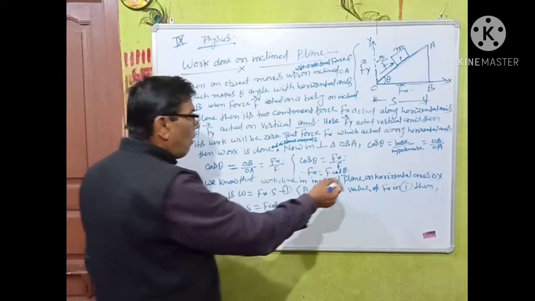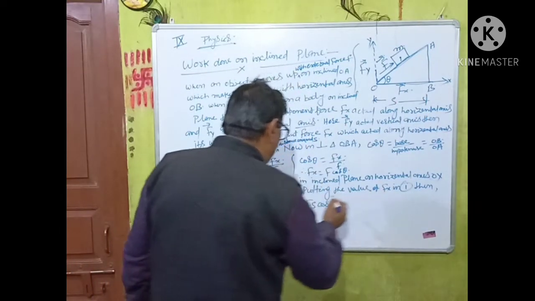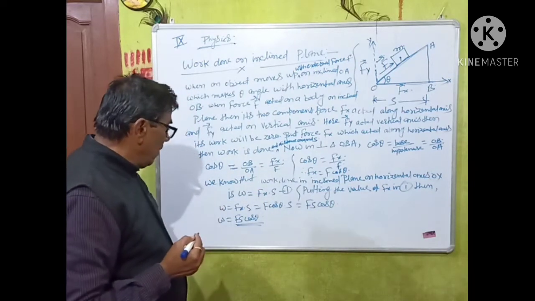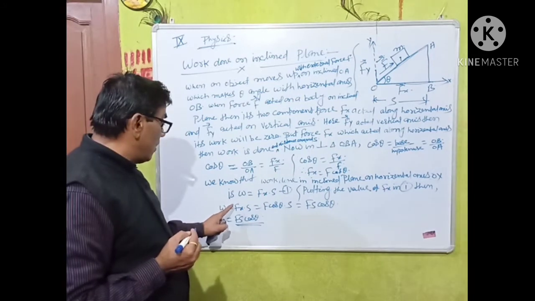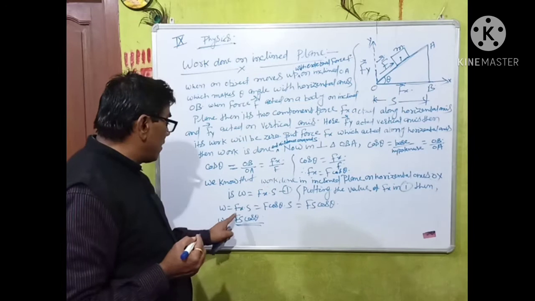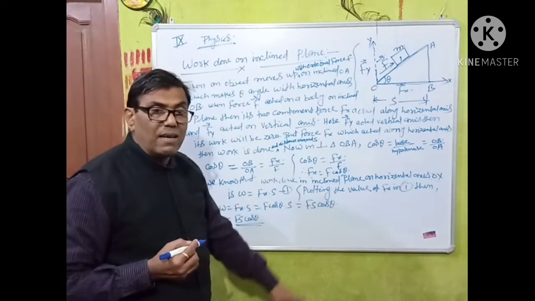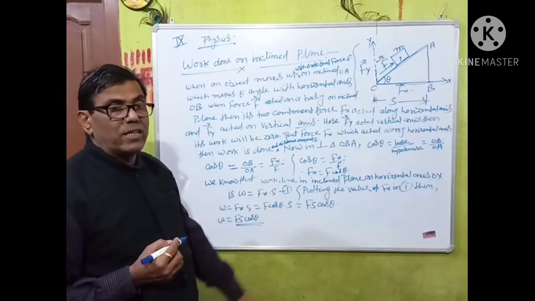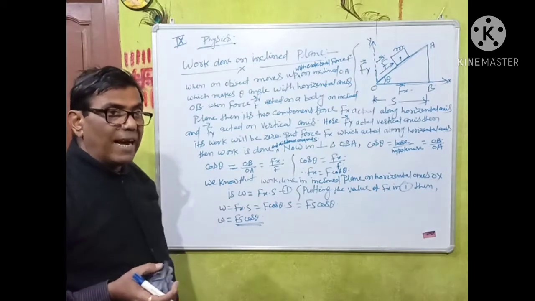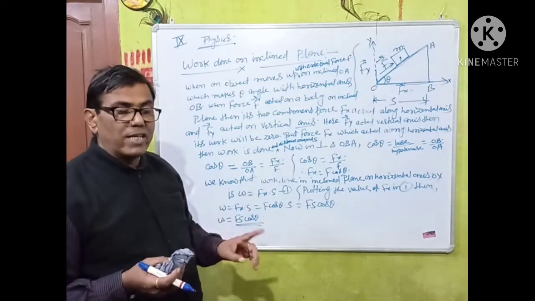Now putting the value of Fx in equation first, W is equal to Fx into S, which is F cos theta times S, so we get Fs cos theta. So work done by any body on an inclined plane is equal to Fs cos theta.